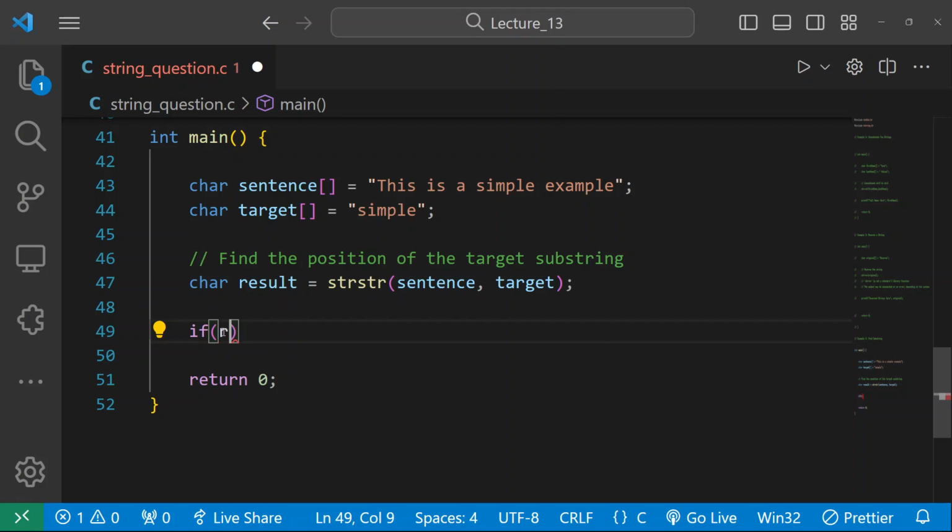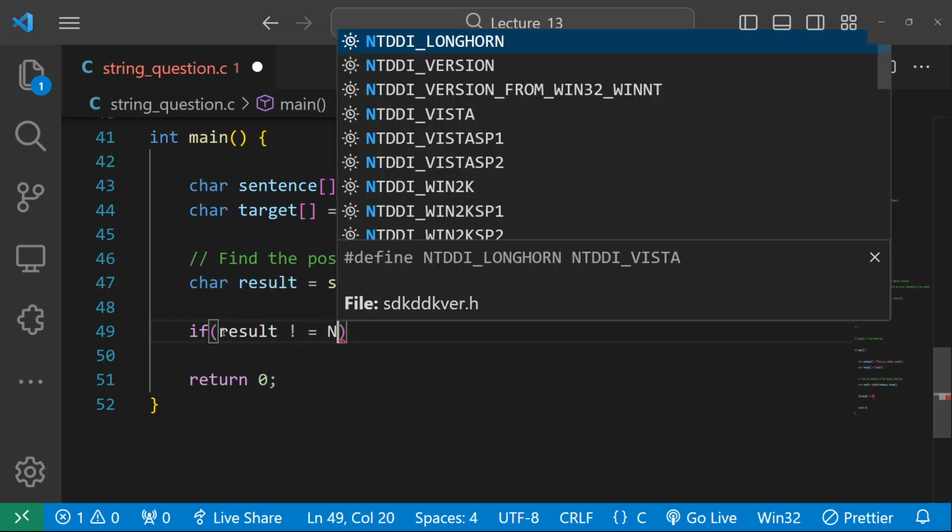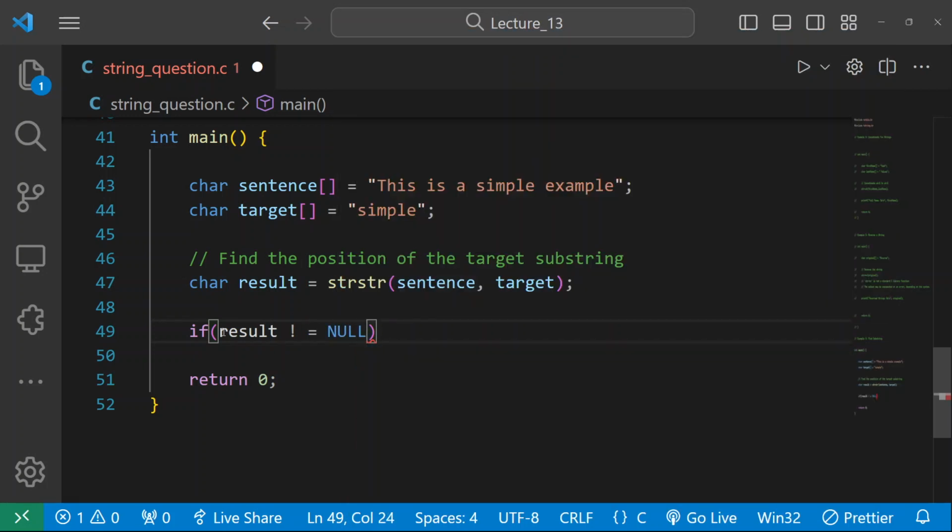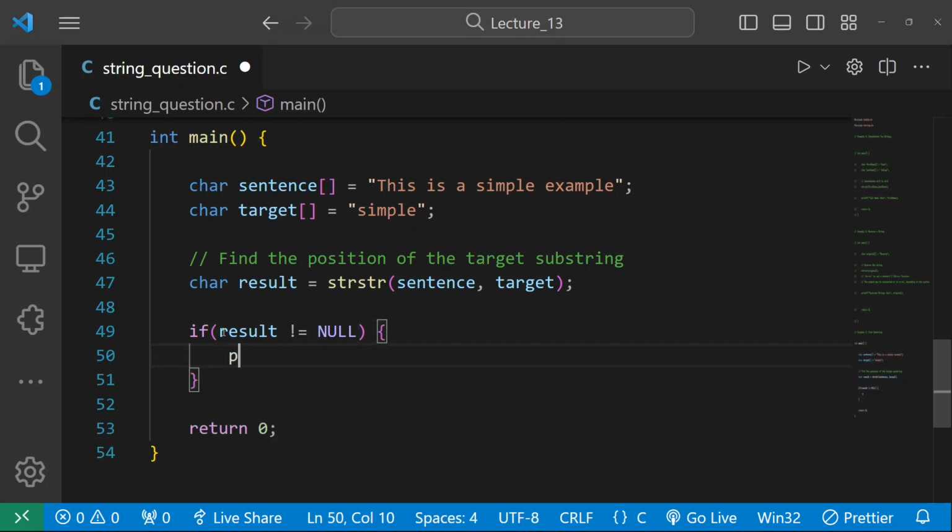Let me write if result not equal to null. Why am I writing result not equal to null? Let me explain.